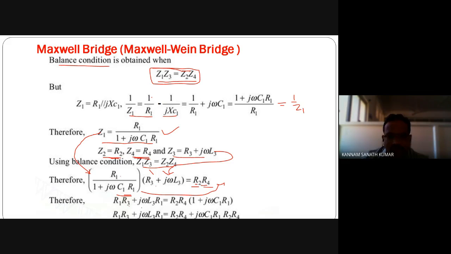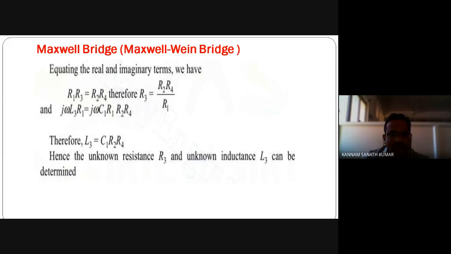Now we have to equate the real part and the imaginary part. So R1 R3 equal to R2 R4. From this you are getting R3 equal to R2 R4 by R1. Okay.